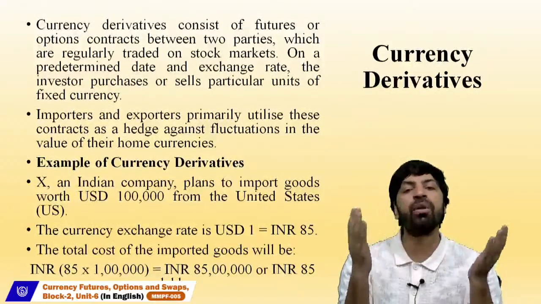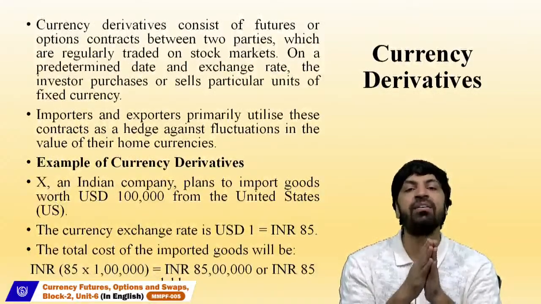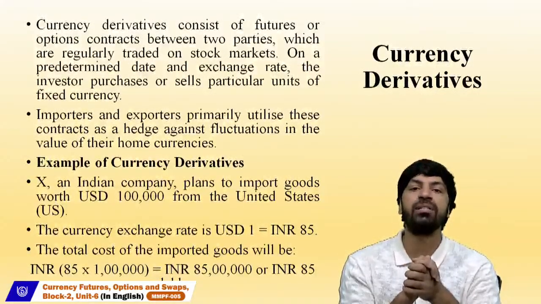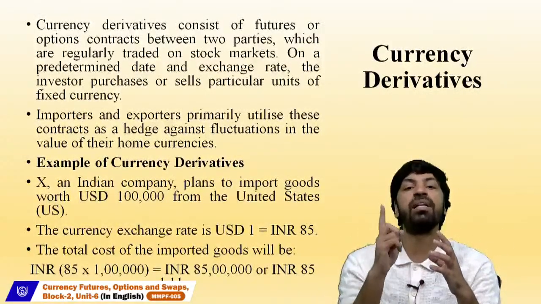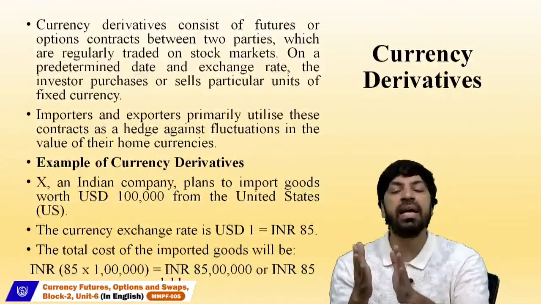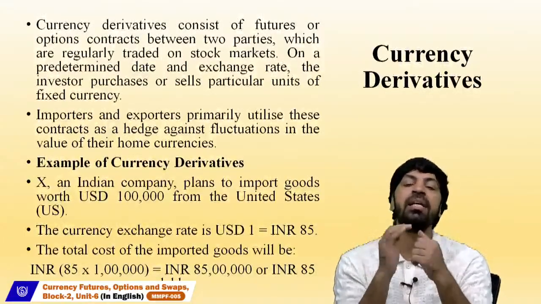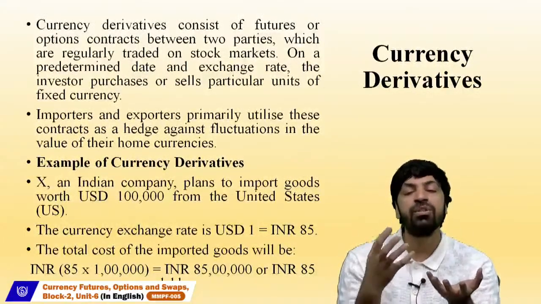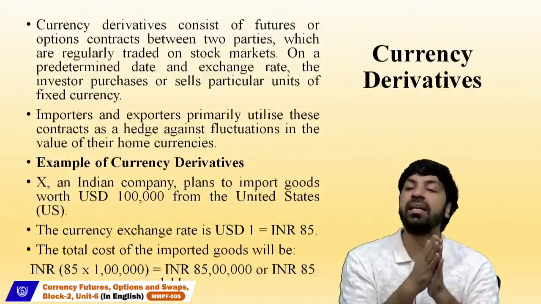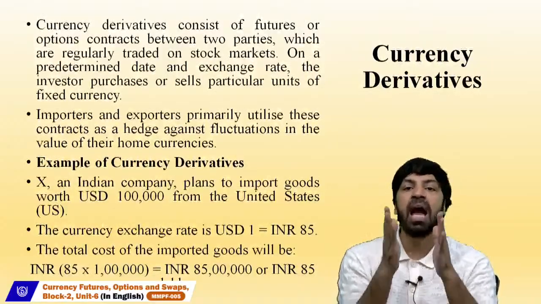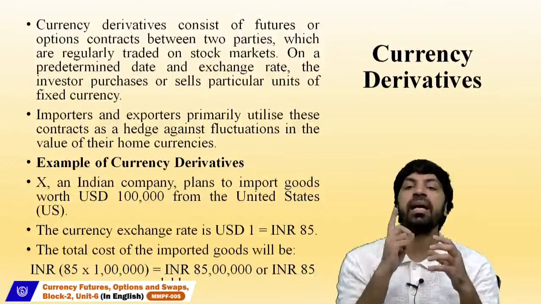So how to calculate the total cost of the imported goods? That is 85 into 1 lakh US dollars, because the cost of the imported goods is US dollar 1 lakh. We convert the exchange rate and come out with Indian rupees, because X is an Indian company, so we have to convert the US dollar to Indian rupees.